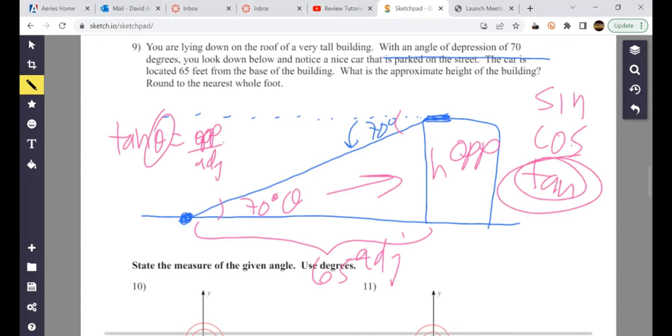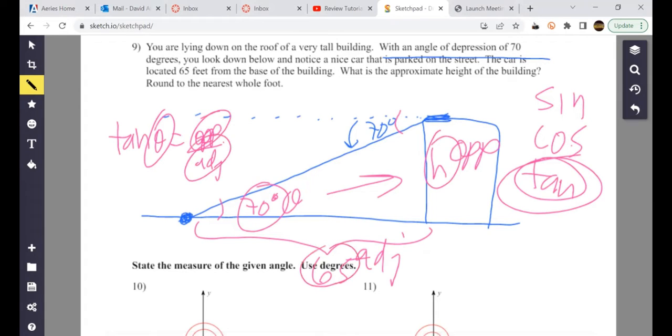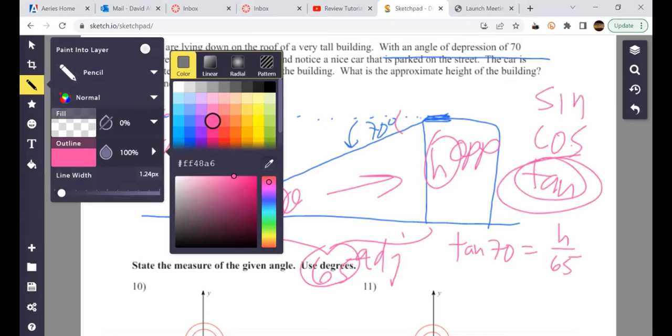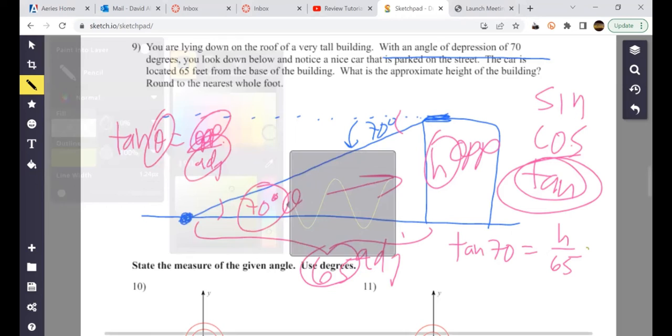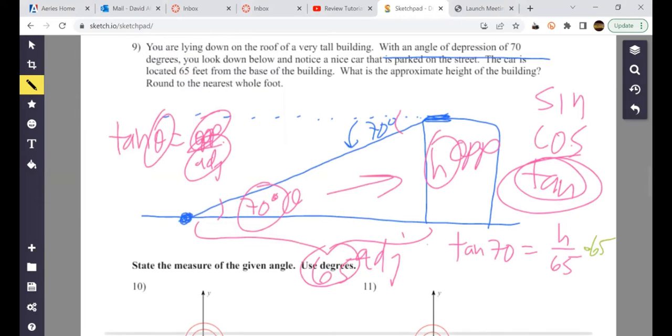But we know what theta is, 70. And we know the opposite is h, and we know the adjacent is 65. So we have tangent of 70 equals h over 65. And now the goal is to find the height of the building, which is h. So here in green, we can multiply both sides by 65 because these cancel.